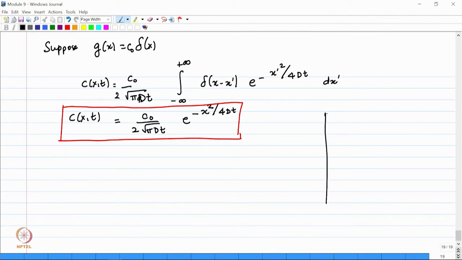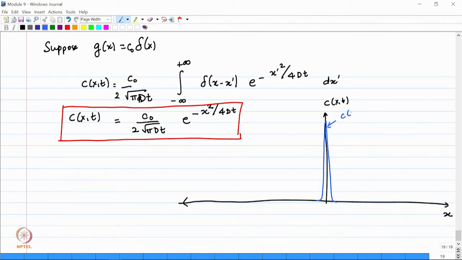So, what you have is, let me show x here, and you have c of x t. So, at t equal to 0, c of x t is g of x, which is a delta function in x. So, at t equal to 0, it looks like this. C of x 0. Okay.